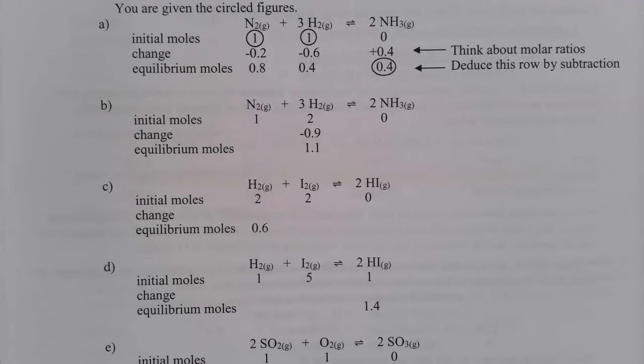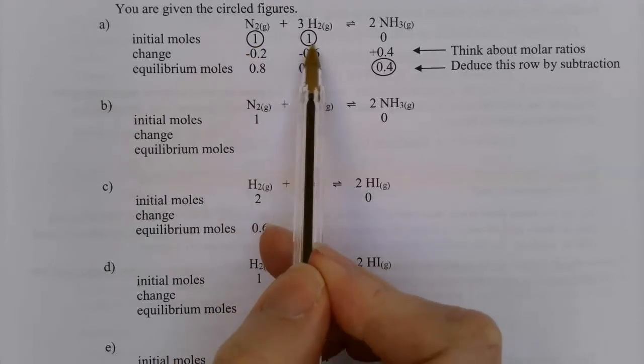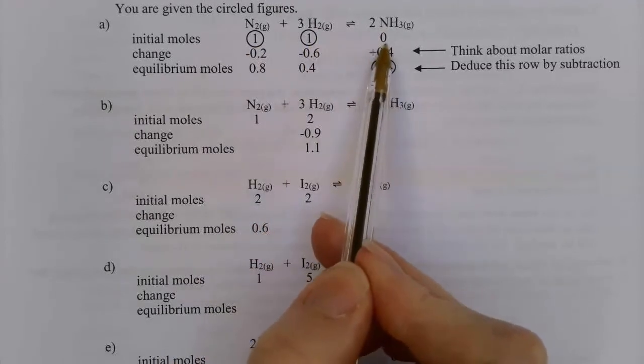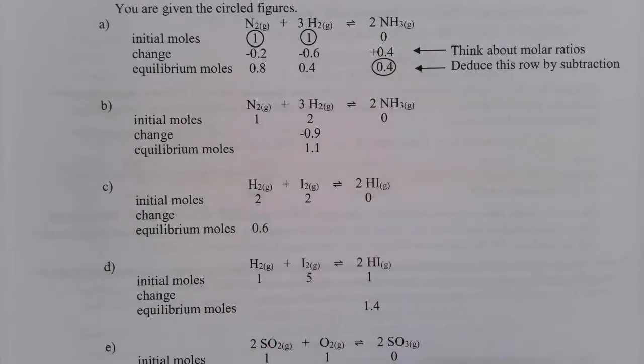So we're just going to practice on page 16 working out the change and the equilibrium number of moles. So here I've got 1 mole of nitrogen, 1 mole of hydrogen and no moles of ammonia. General rule of thumb, unless you're told otherwise, you can always assume at the start of the reaction initially you have 0 products.